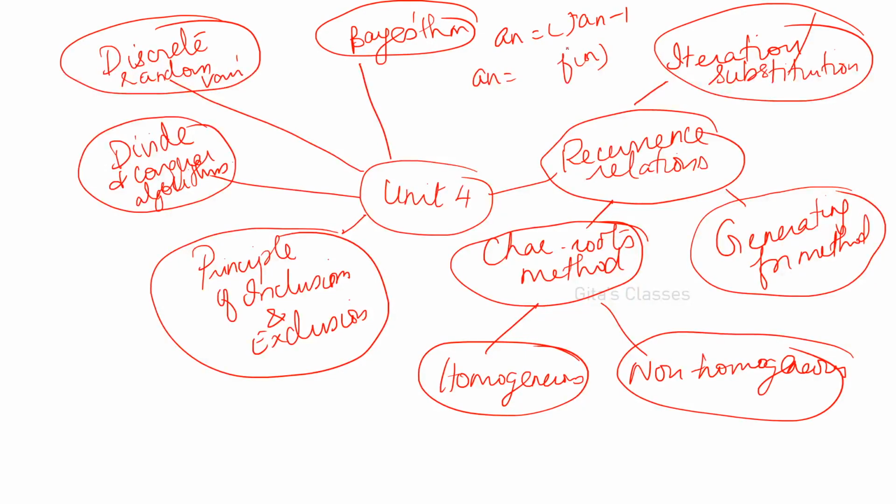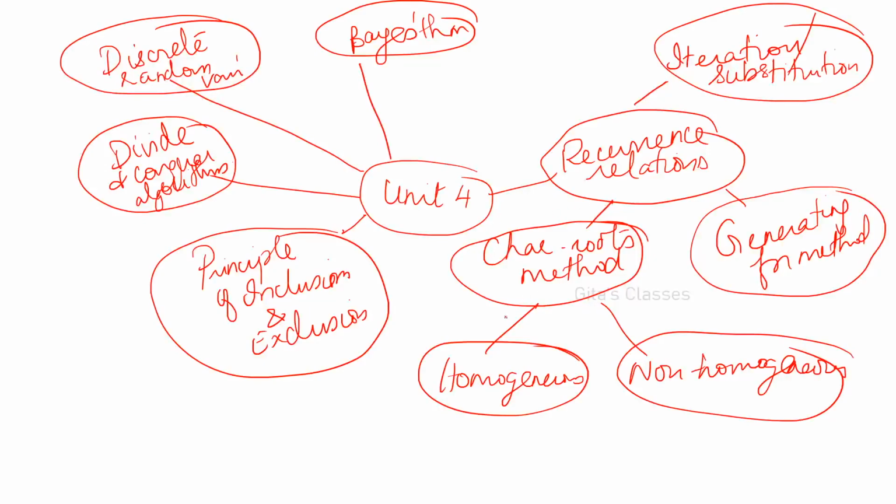You are not supposed to have the previous terms, an minus 1, an minus 2, no a terms at all on the right hand side. It should be a pure function of n, and it should satisfy the given recurrence relation.